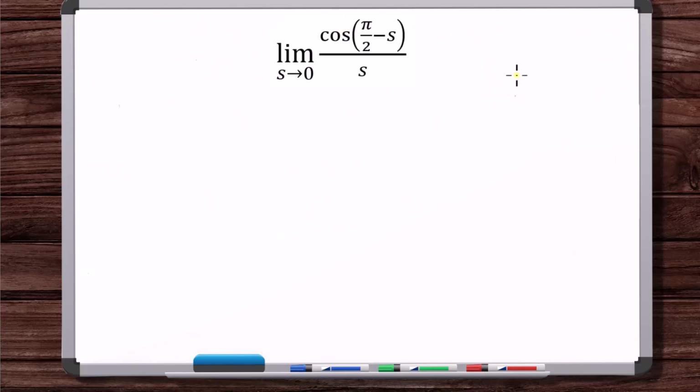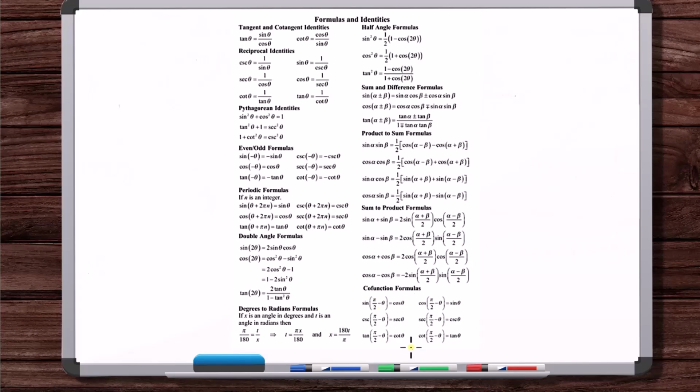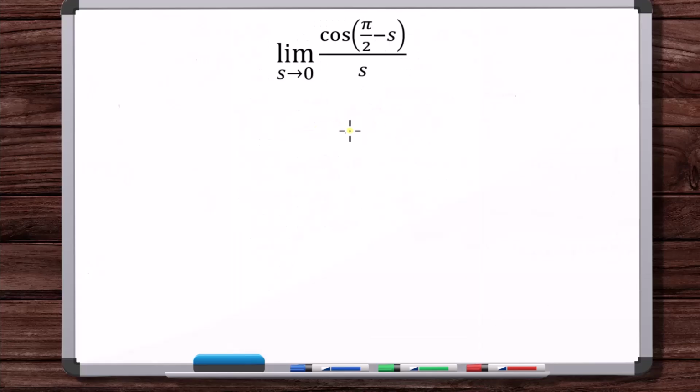If we take a look at the trig identities, we've got the co-function formulas, and cosine of pi over 2 minus theta is just equal to sine theta. So this limit is equal to, cosine of pi over 2 minus s is just sine of s. So now we've got the limit as s approaches 0 of sine of s over s.